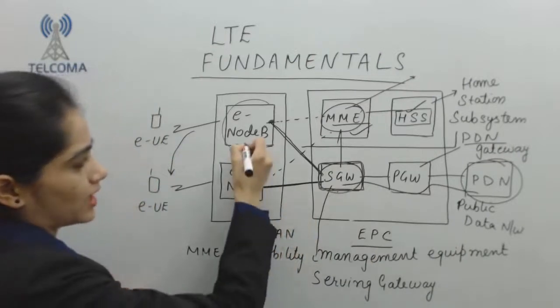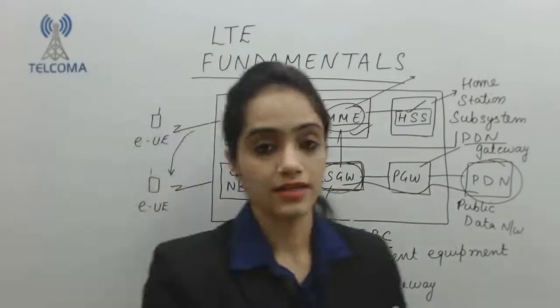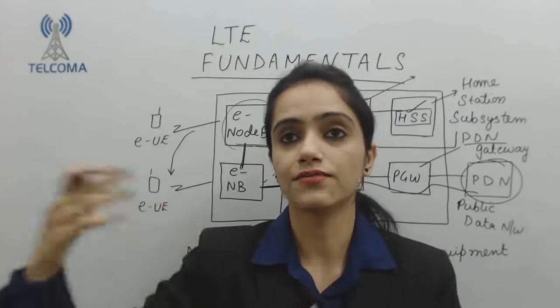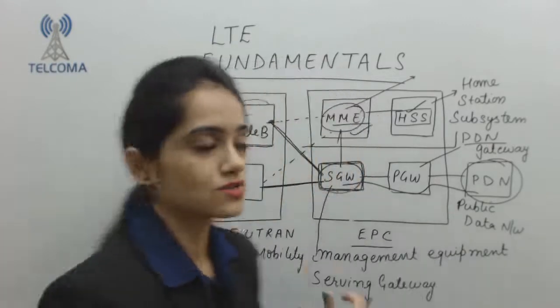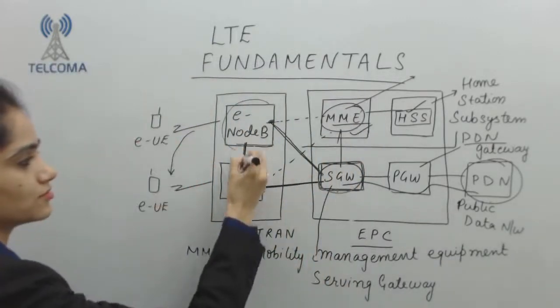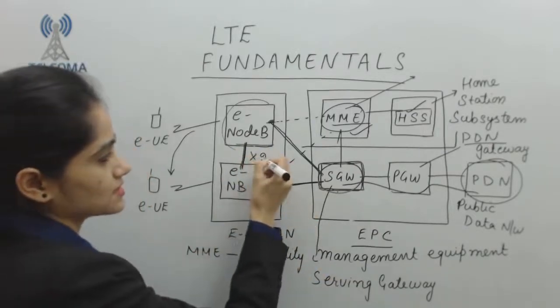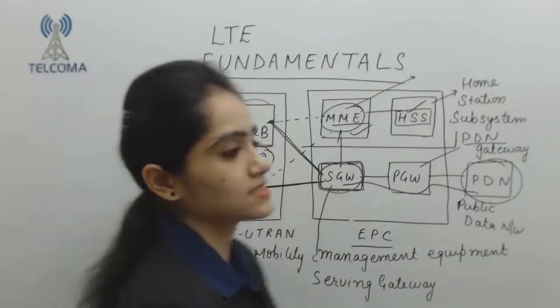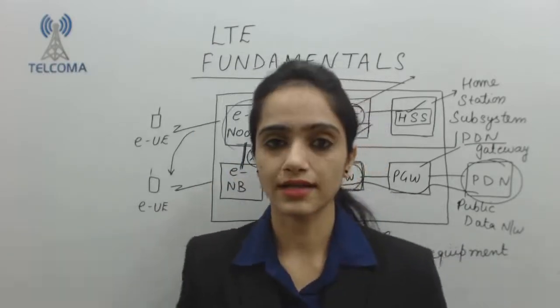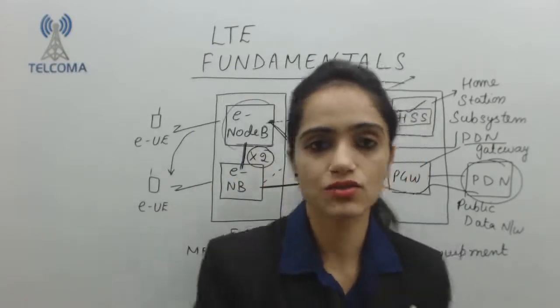Now, eNodeB for handover. As I told you, it can give a handover to another eNodeB, so there should be an interface between two eNodeBs. The interface between two eNodeBs is the X2 interface. That means two eNodeBs are connected to one another with the help of the X2 interface.